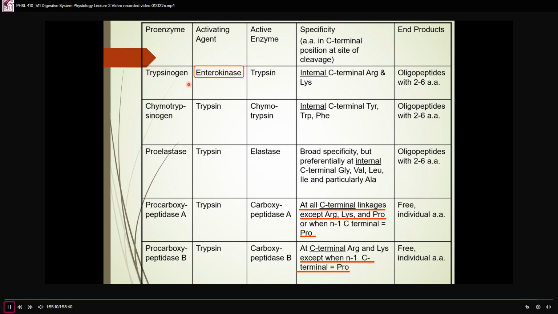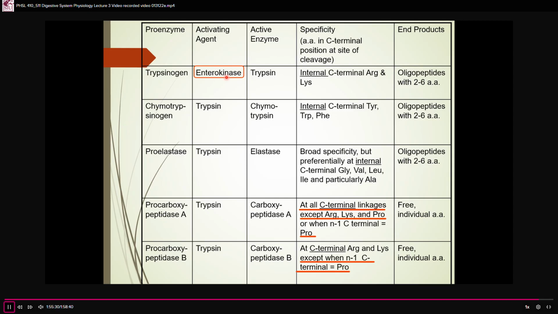We wait till we get everything into the small intestine, and that's where you have a brush border enzyme called enterokinase. This enterokinase is an integral membrane protein present in the apical membranes of the enterocyte cells, the epithelial cells that line the small intestine.